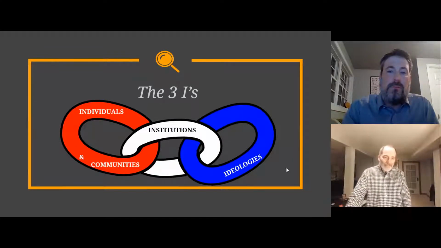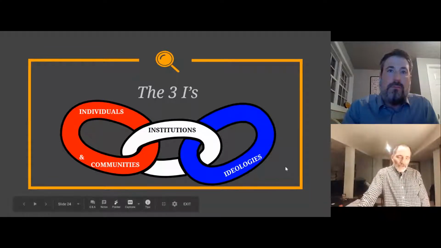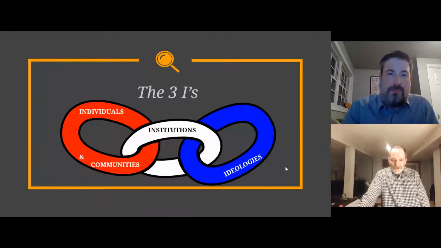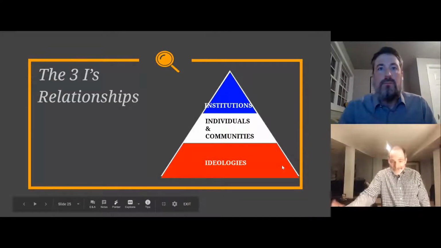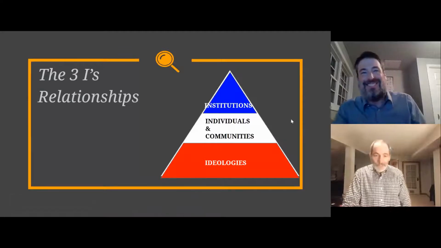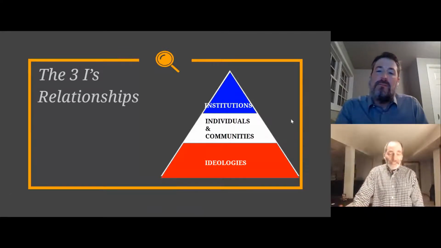So let's take again Margaret Chase Smith. She is trying to fix an institution that has been shifted by an ideology that she disagrees with. She is an individual speaking out against that. So the question we can ask our students is, when individuals make certain choices in what they say or do, are they doing it to support an institution? Are they doing it because that's what the institution demands of them?